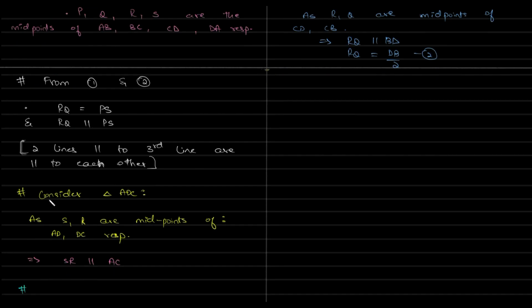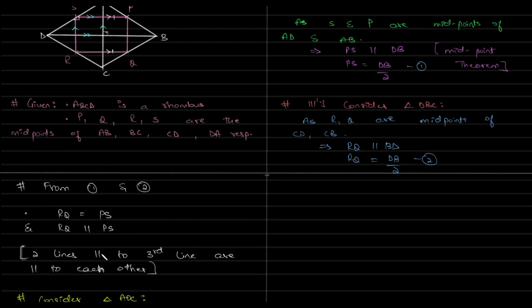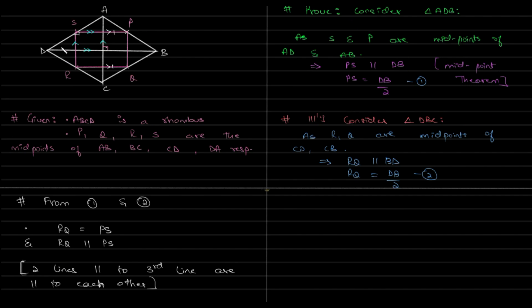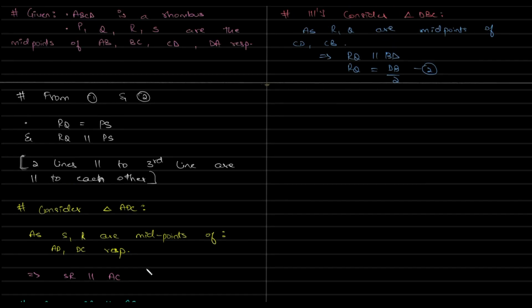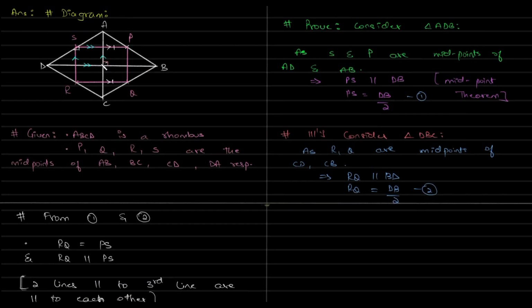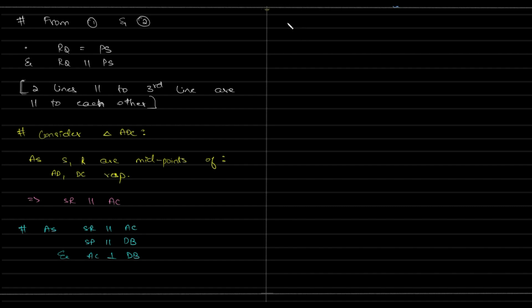Combining all this information, as SR is parallel to AC, SP is parallel to DB, and AC is perpendicular to DB, what can we conclude from this? This implies SR should be perpendicular to SP.